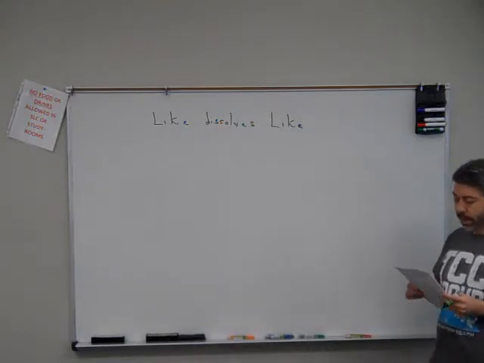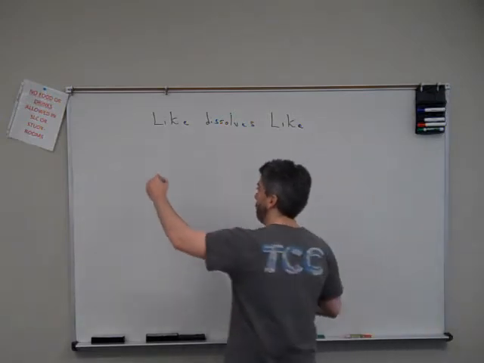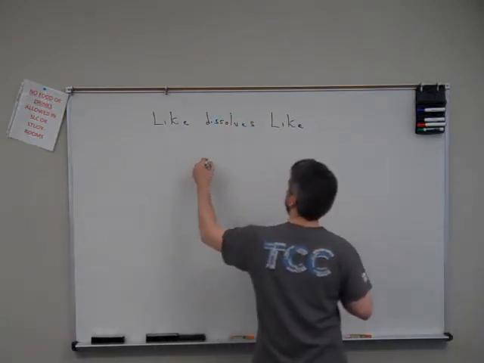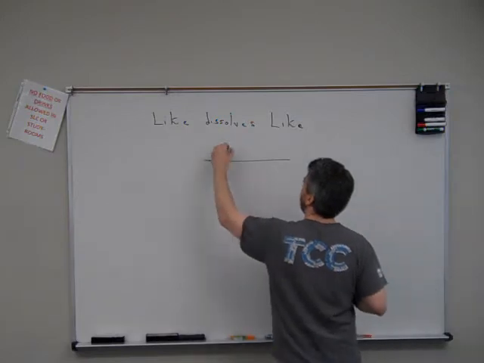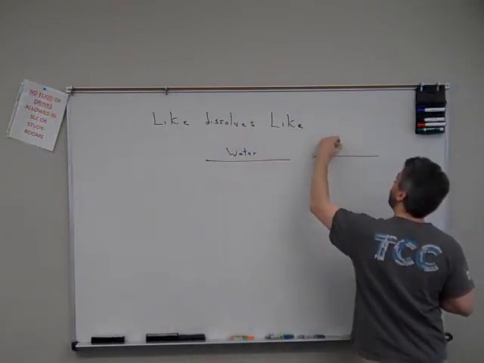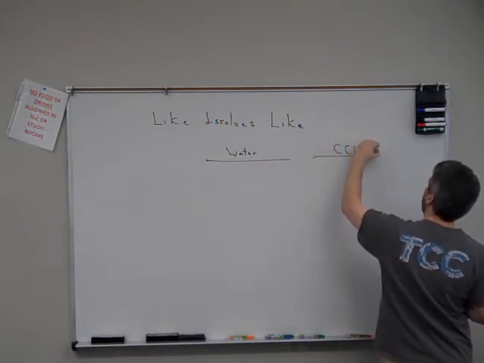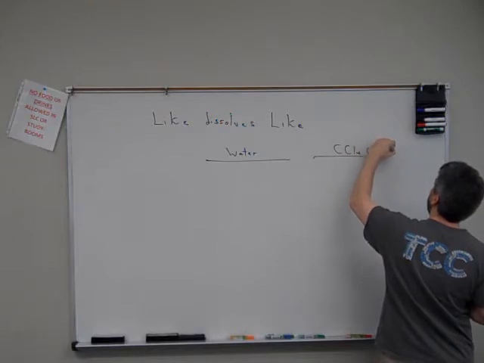So, let's take a look at some example problems here. Firstly, you have NaCl, and you have two solvents, water and CCl4. Now, CCl4 is a nonpolar solvent. You might also see something like hexane given.